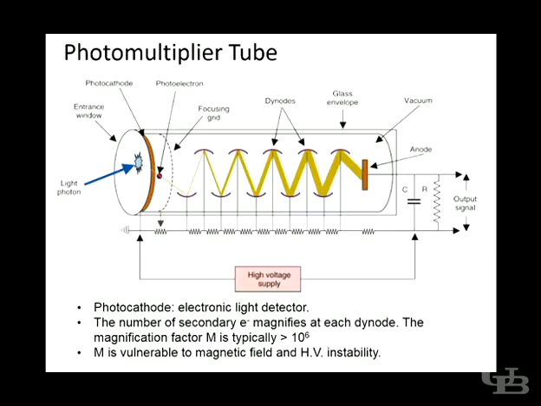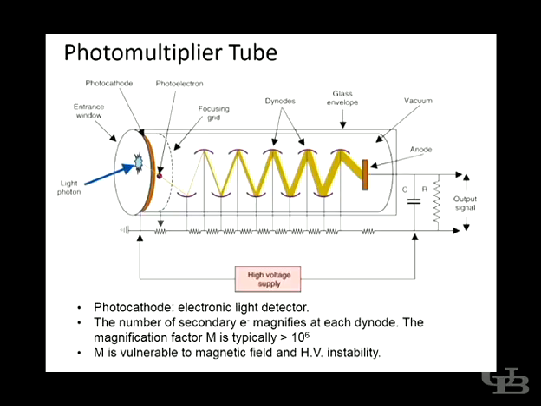And this is a tube. This tube has multiple stages of so-called anode or diode. So you have multi-stages of electric field in this tube. It's a vacuum.